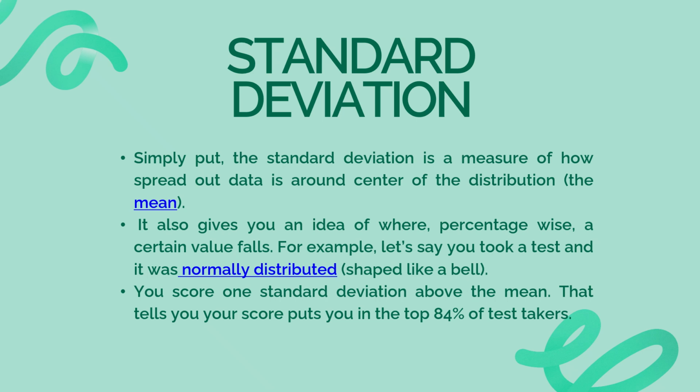It's a powerful way to compare and interpret the data. The standard deviation is denoted by the Greek symbol sigma. Sigma is equal to the square root of variance. This is the standard deviation formula.